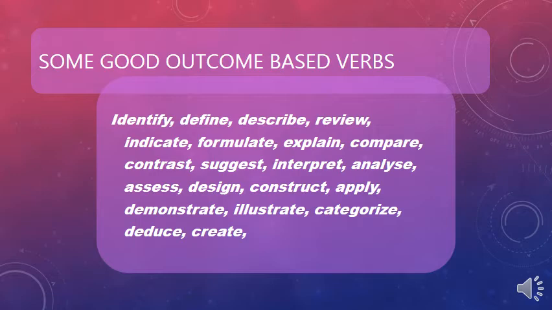Again, these are good action verbs. You want to be able to say, I'm going to identify, or I'm going to define, or the research that I'm conducting will define such and such, or will describe, or will review, or will indicate, or will formulate, or the constructed outlook will proffer new insights in such and such.